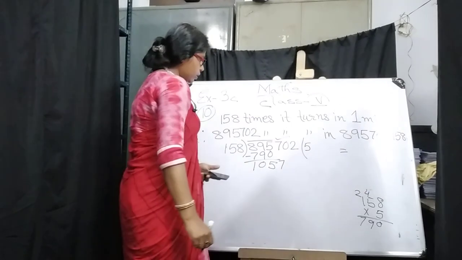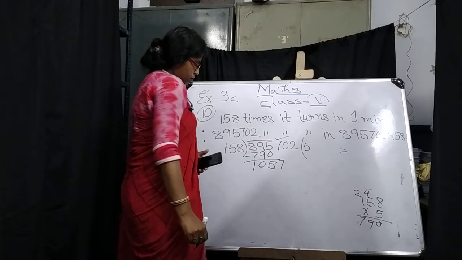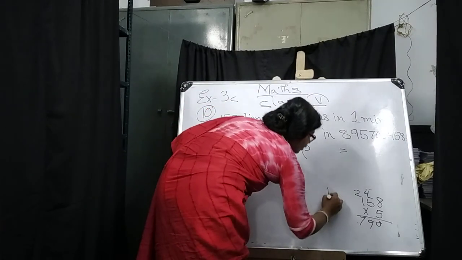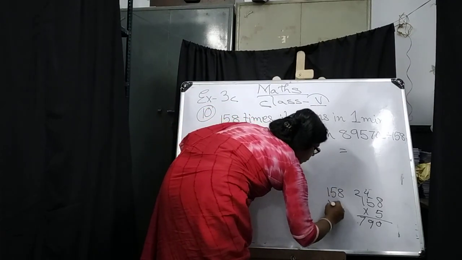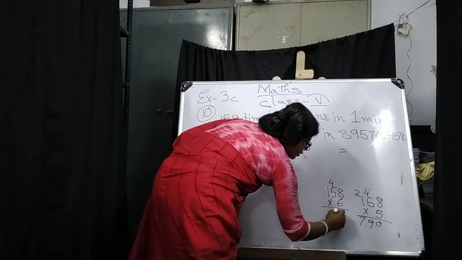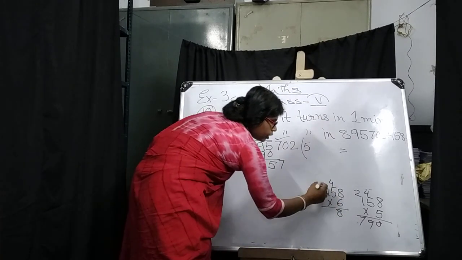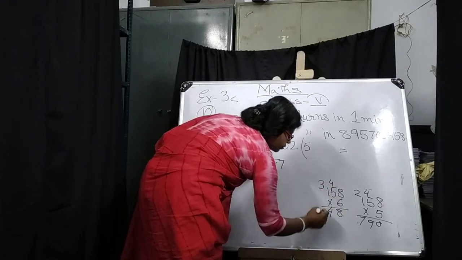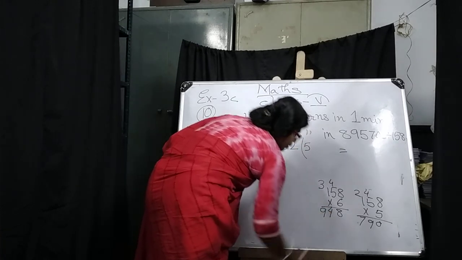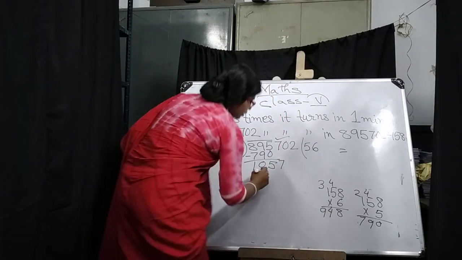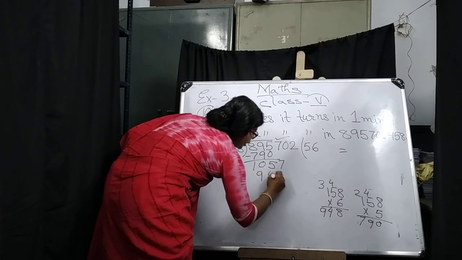Now the next one, which number will we take? Let us take 6. 158 6s are: 8 6s are 48. 6 5s are 30 plus 4, 34. 6 1s are 6 plus 3, 9. 948. So 6 is 948.